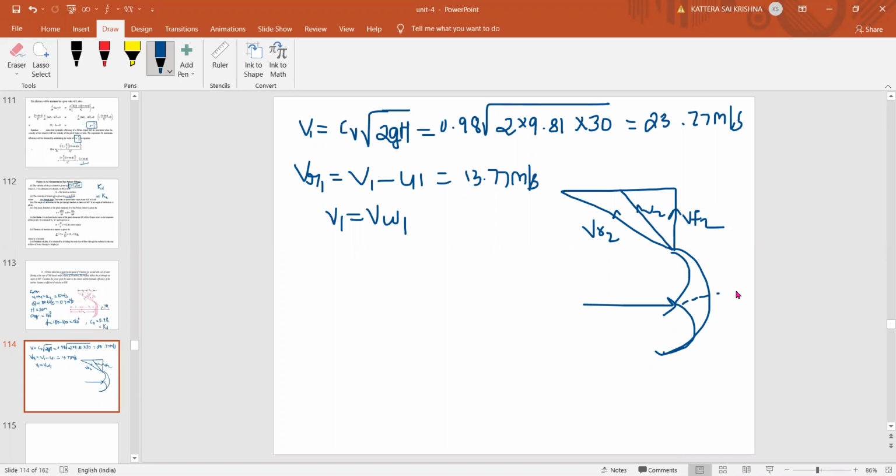The water jet will get deflected like this. The given deflection angle is 160 degrees, so this will automatically be 20 degrees. So phi equals 20 degrees. This length is U2, and the remaining length is VW2.